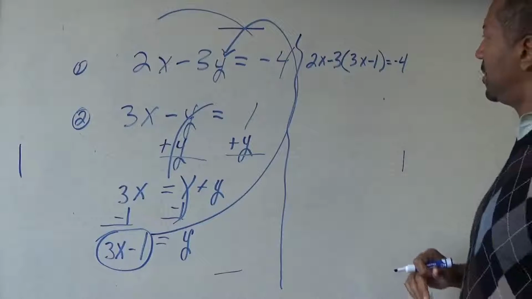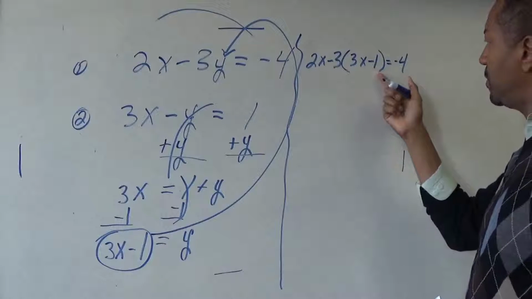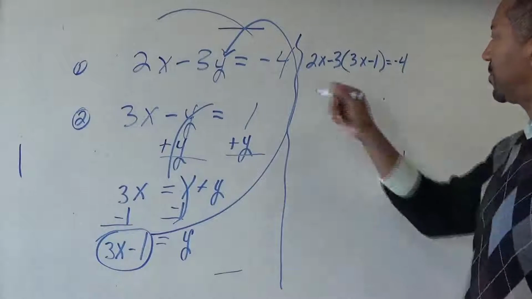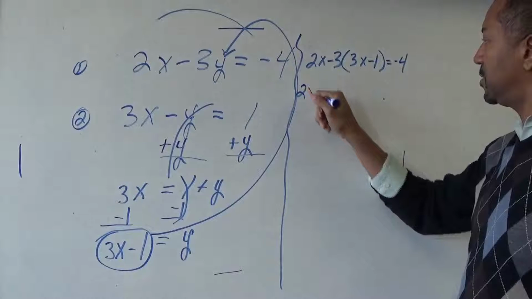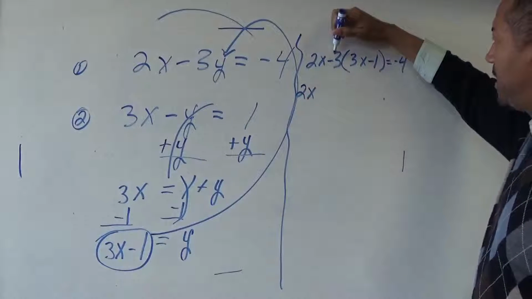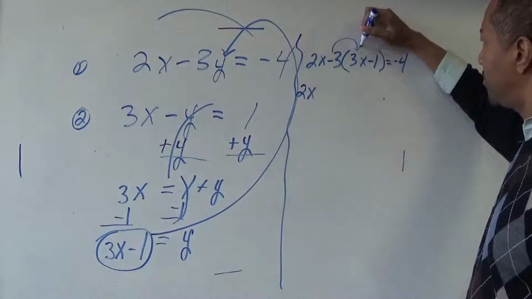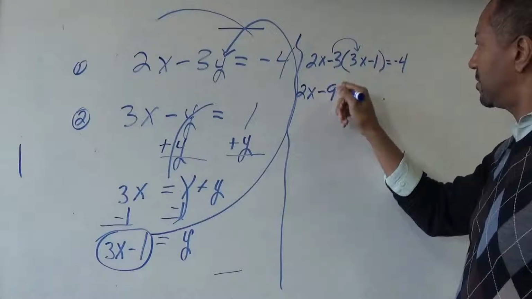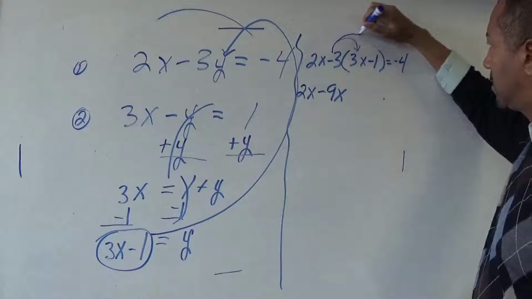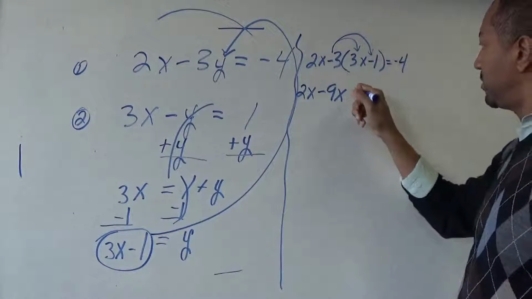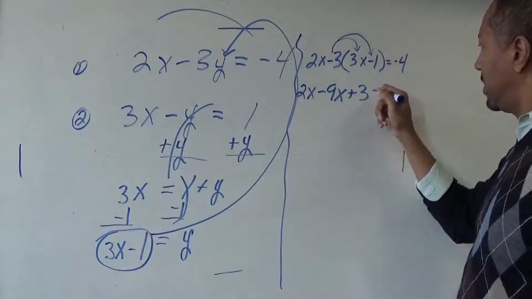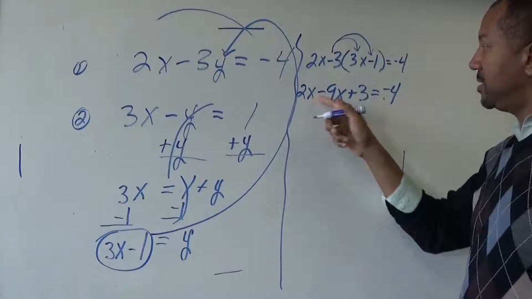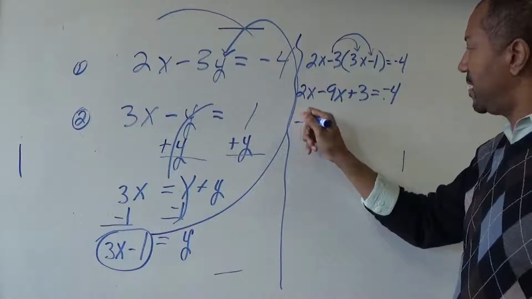Okay, so we've got a little footwork to do here in order to solve for x. So 2x, if you distribute your -3 times both terms inside the parentheses, there's -9x. There's +3, and that's still equal to -4. 2x's minus 9 of them, there's your -7x.